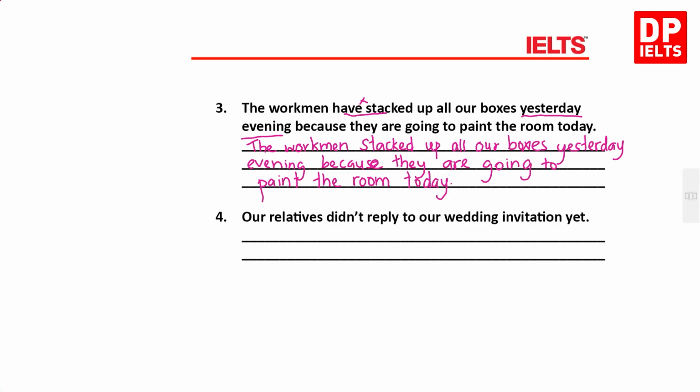Our relatives didn't reply to our wedding invitation yet. So when yet is there, you can't have didn't. So what should it be? Our relatives. What can you say? You can't say didn't reply. So what is the correct form? Haven't, because it is plural.